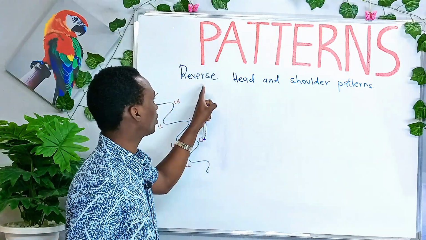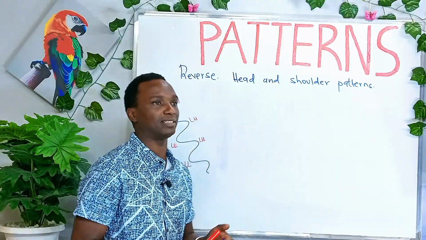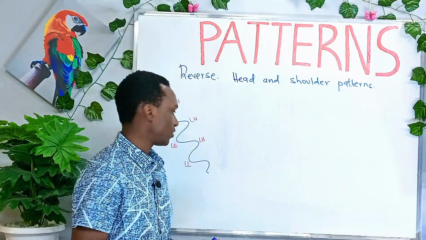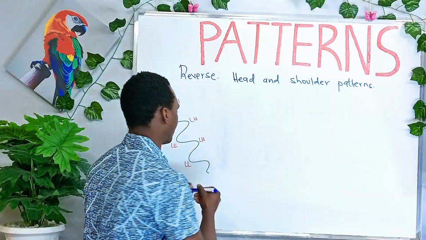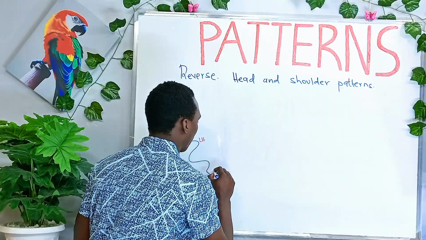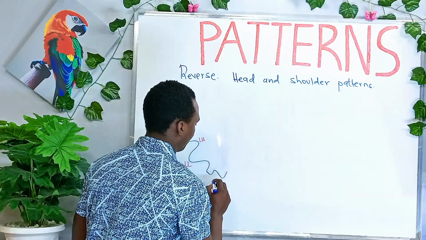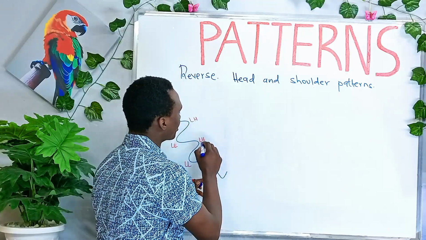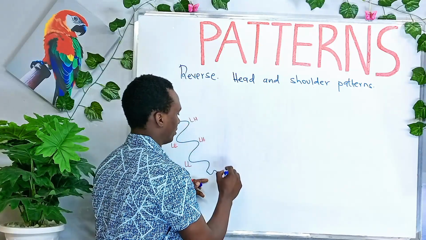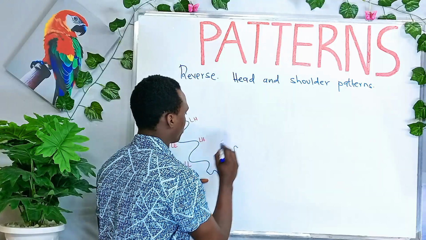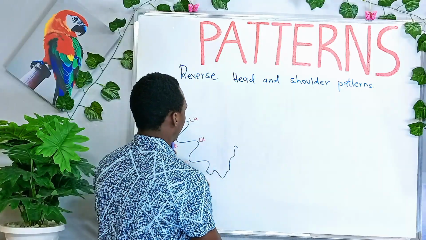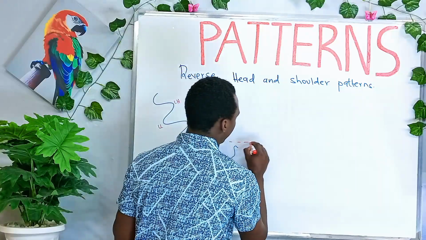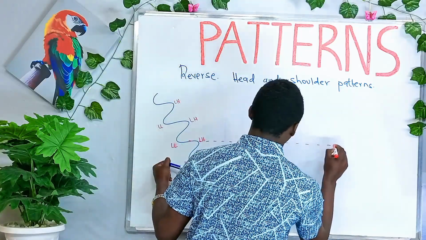So in the formation of the reverse head and shoulder pattern, we say that there is formation of a shoulder. So this formation, we expect it to form the first shoulder. Okay, the price for some reason will retrace to this level. This level will form a temporary resistance level.